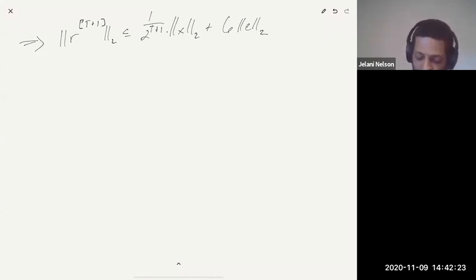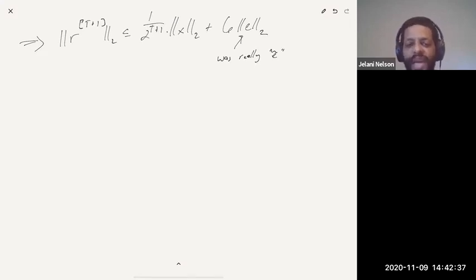And remember, this e was really e tilde. So when you bound that norm of e tilde, that's when you get the dependence on 1 over root k times the norm of x tail k. Okay. So that's pretty much it. Questions about this analysis?